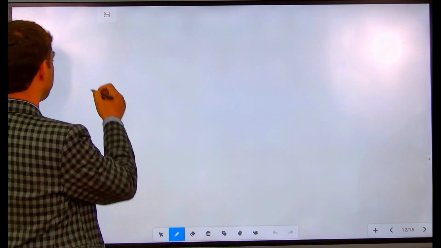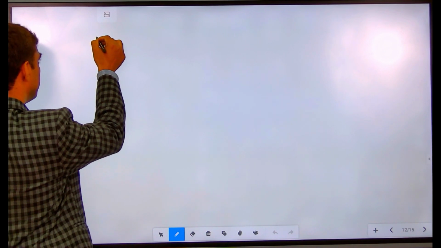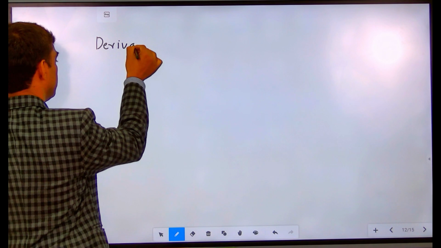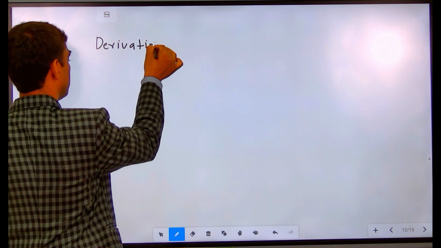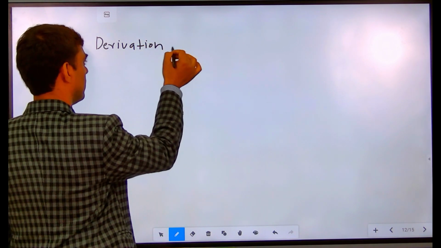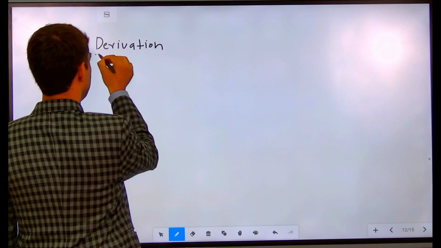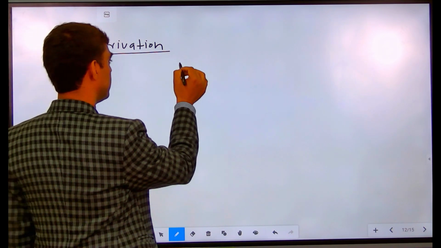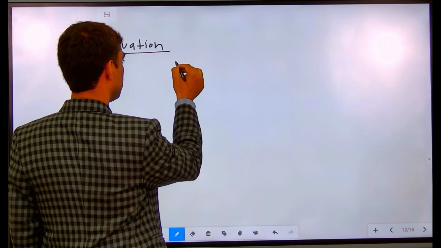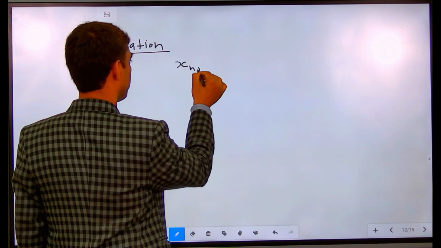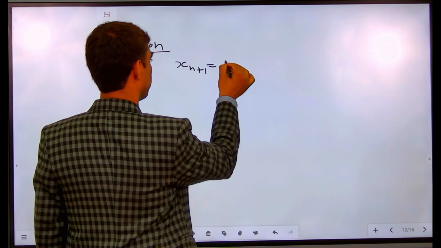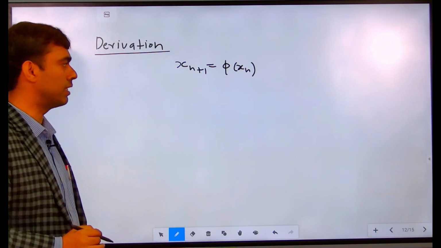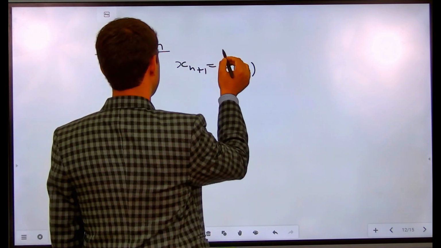So first of all, we perform the derivation of Aitken's delta square method. What is the iterative scheme? x_{n+1} = phi(x_n).